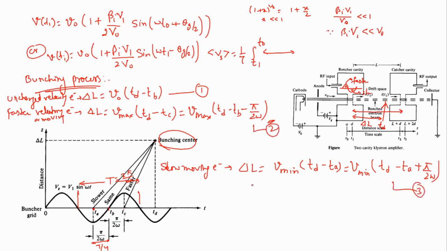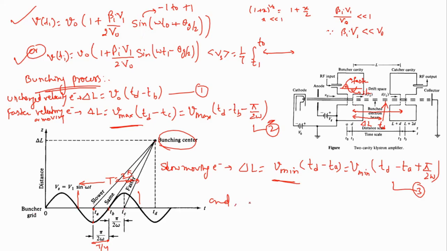Now we will try to substitute maximum velocity and minimum velocity into equation number 2 and equation number 3. How can maximum velocity be found out? It depends on this sine value. For the peak value the sine will be 1, and for the minimum value this will be minus 1, so it ranges from minus 1 to plus 1.